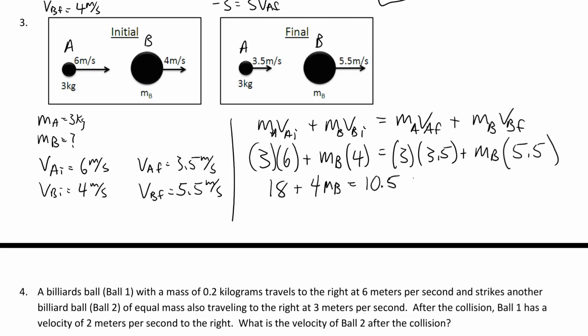10.5 plus 5.5 mb. Now, you have to combine like terms. You can't just do 10.5 plus 5.5. You can't do it that way because 10.5 doesn't have an MB. It's not being multiplied by MB. 5.5 is. So those are not like terms.